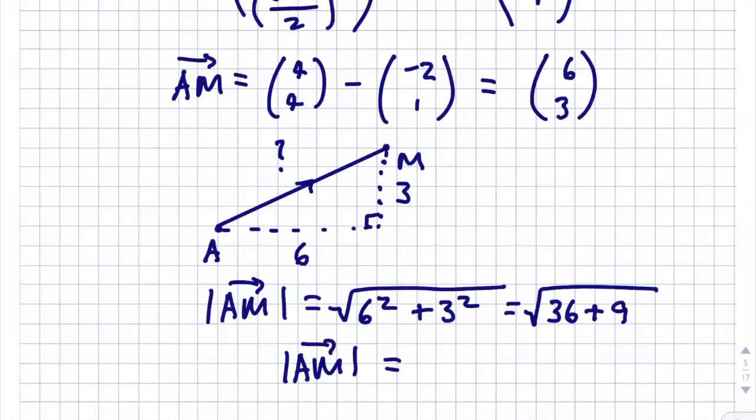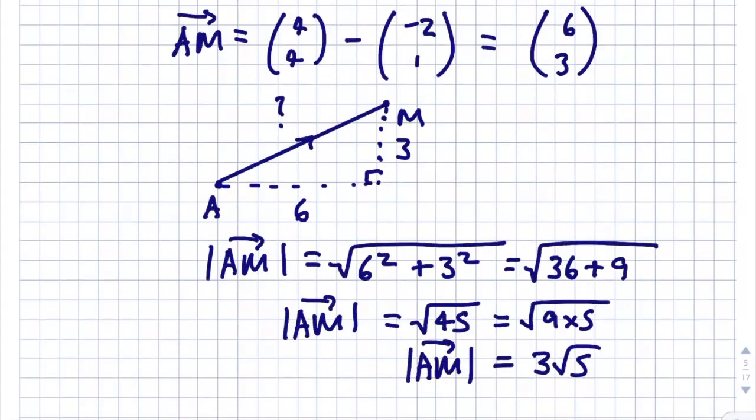That simplifies to the square root of 45. The square root of 45 is made up of the square root of 9 times 5, which as a surd simplifies to 3 root 5. So the magnitude of the vector AM is equal to 3 root 5.